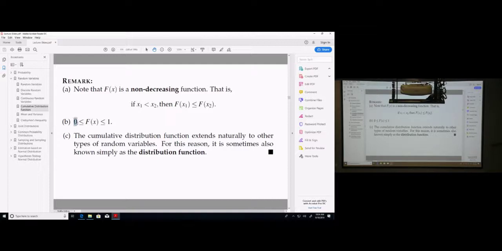So probability can't be negative and can't be bigger than 1. So property B is obvious. Okay, and maybe I want to illustrate property A, because it illustrates something that we have learned before.